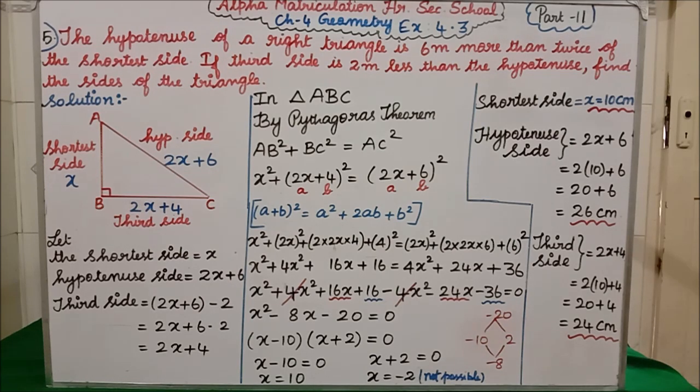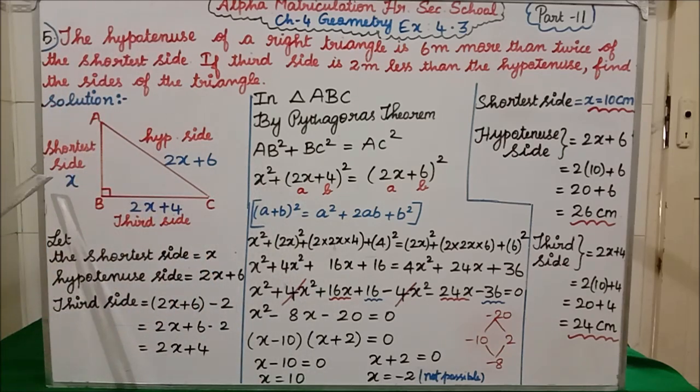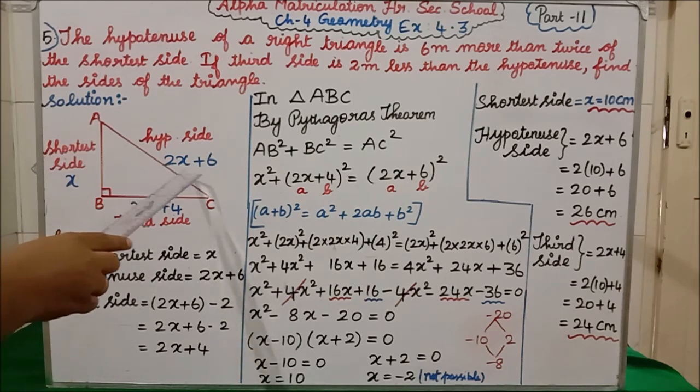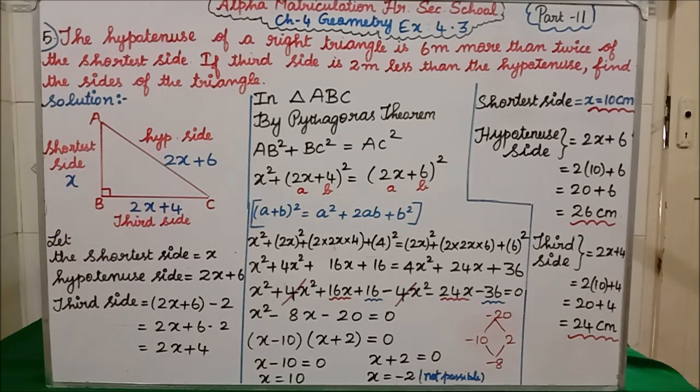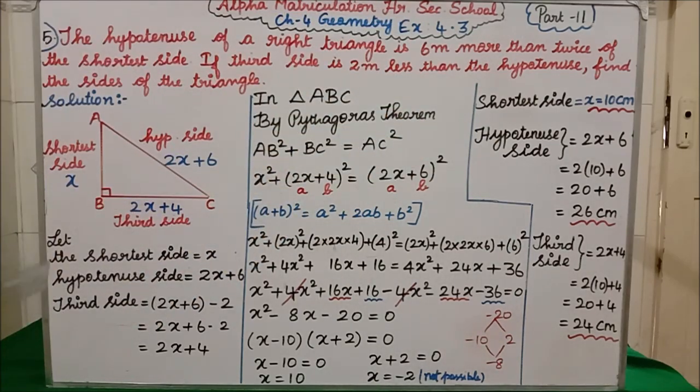I am taking this side as the third side. If this side is the hypotenuse and this side is the shortest side, then obviously this should be our third side. The hypotenuse we have got is 2x plus 6, and the third side is 2 meter less than the hypotenuse, so I have written minus 2.